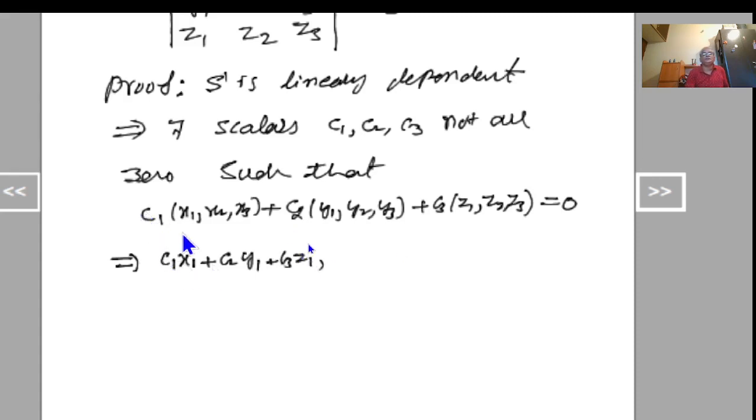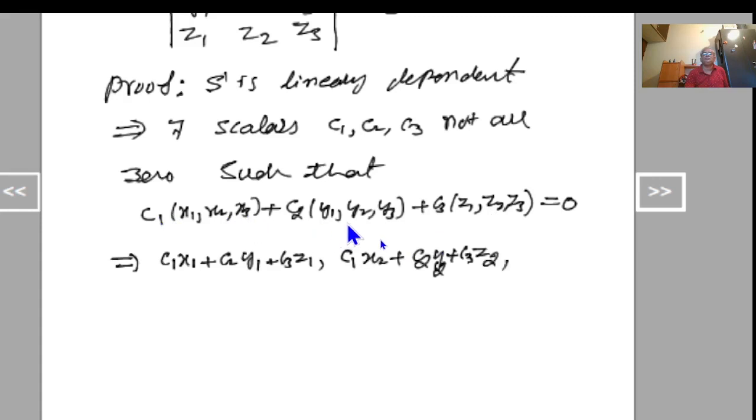Second element C1 x2 plus C2 y2 plus C3 z2, comma. What is the third one?